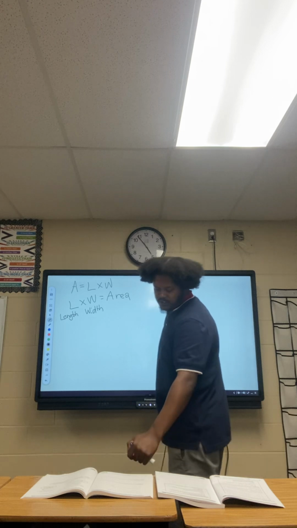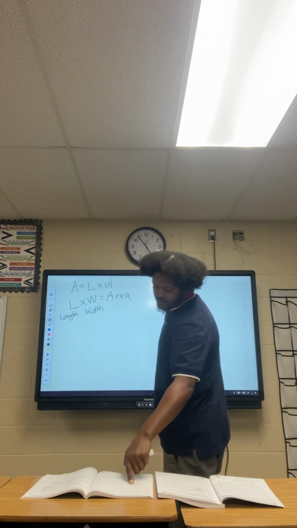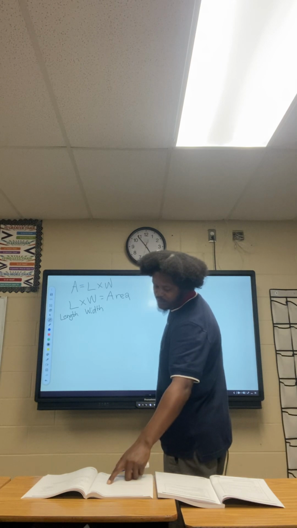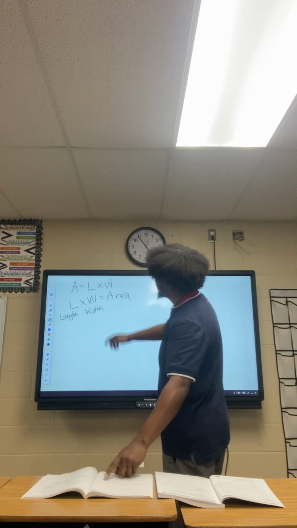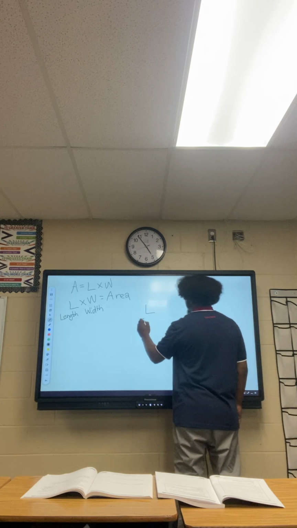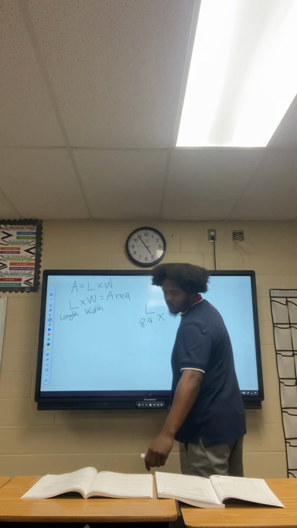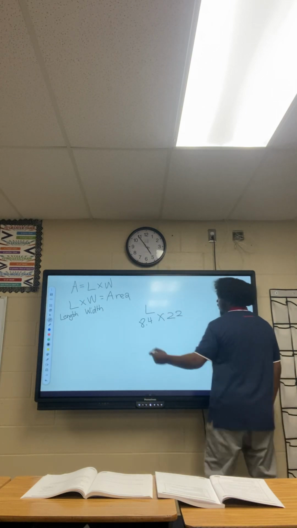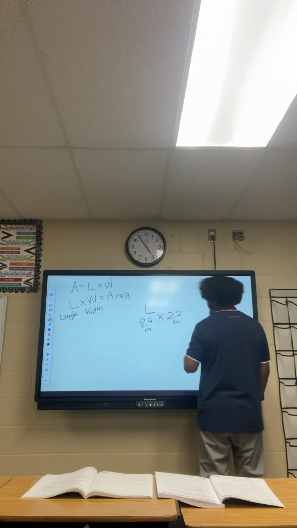So they give us 2 numbers in this story problem. It says Mr. Johnson is building an ice rink in his backyard, and the measurements are 8.4 meters by 22 meters. So they give us our length and our width. We can plug those in. So our length is 8.4. And our width is 22 meters. So I'll put an M here so that you can see our unit of measurement.